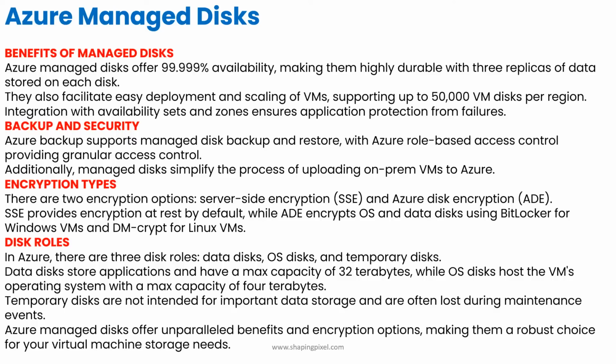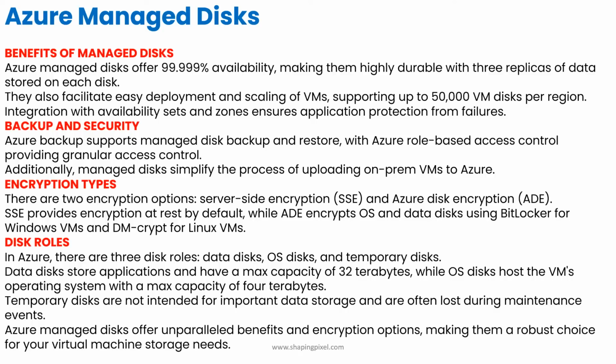There are two encryption options, server-side encryption and Azure Disk Encryption. SSE provides encryption at rest by default, while ADE encrypts the OS and data disk using BitLocker for Windows VMs and dm-crypt for Linux VMs.